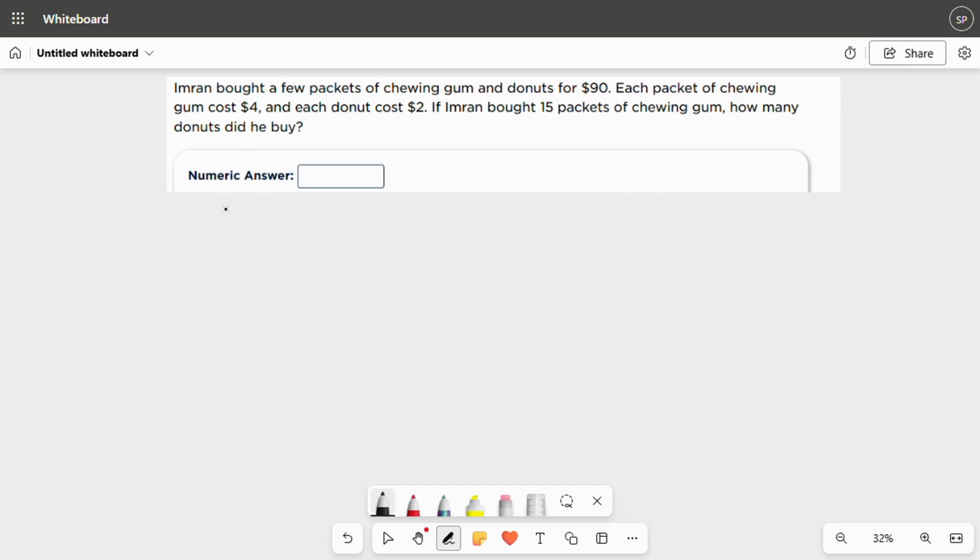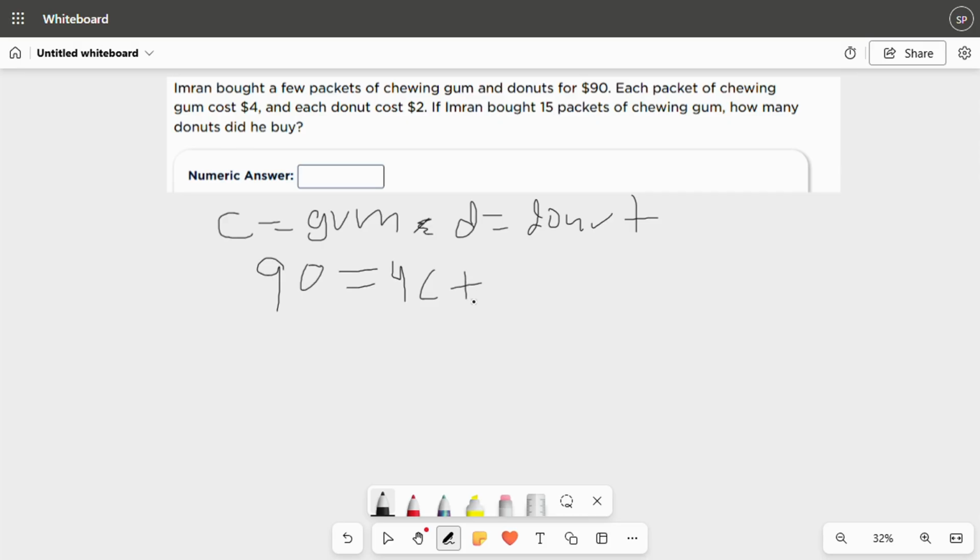So let's make some variables, and let's say C is equal to the chewing gum, and D is equal to donut. So we see that the total cost of them is equal to 90, and he bought $4 of chewing gum and $2 of donuts.